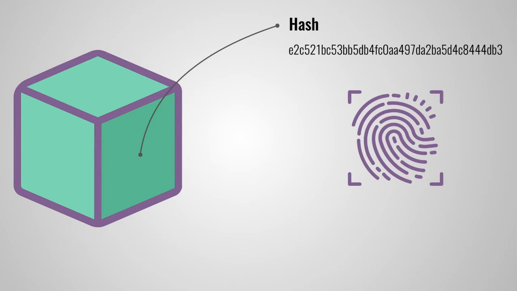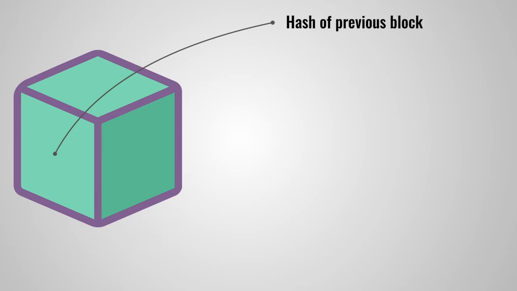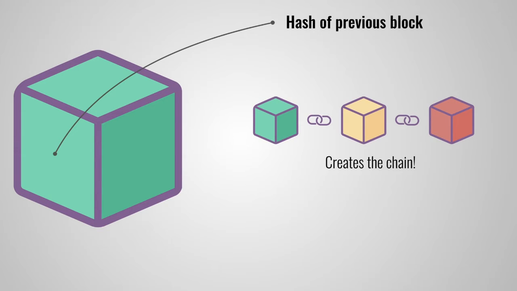A block's hash identifies its block and its contents. It's also unique, like a fingerprint. So when something in the block changes, the hash changes as well. This is why hashes are very useful to detect changes in blocks. The last thing is the previous block's hash. This is what creates the chain and what makes it so secure.